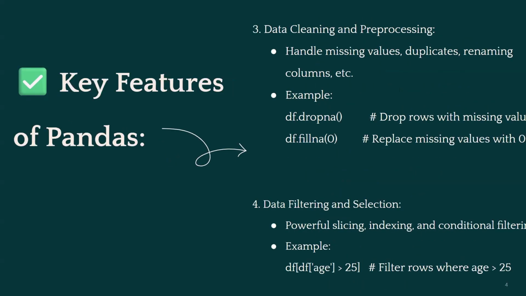You can clean and preprocess data, like handle missing data, duplicates, and renaming columns. When you have a large amount of data, obviously you will have duplicate values, or in some cases values may be missing, or maybe a column is named products and you want to change it to some other name.